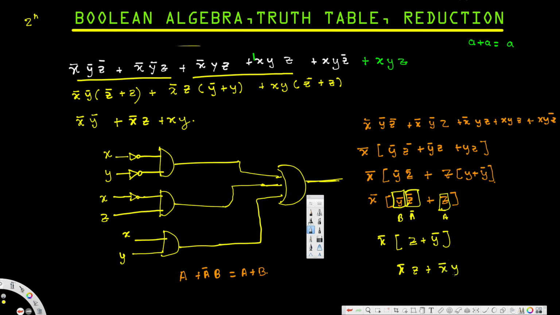And then we took these three terms and combined them together, and we are left with xy common, z plus z bar, and that's going to give us another term. So finally we will get the expression x bar z plus x bar y bar plus xy.